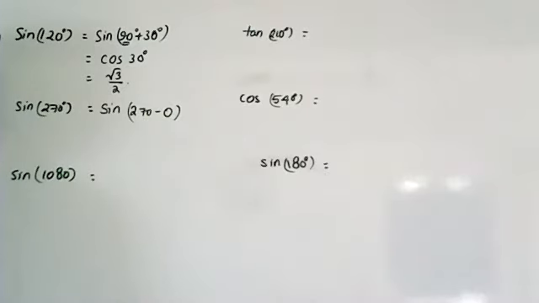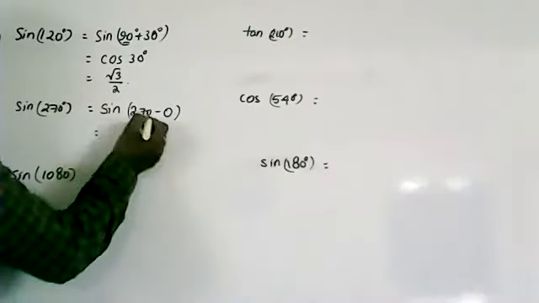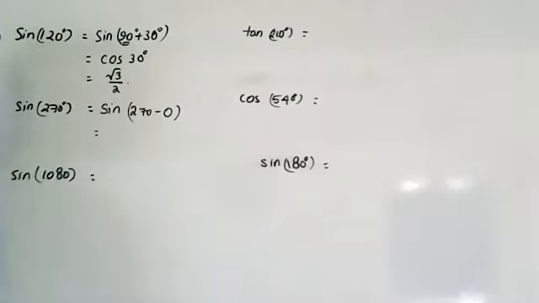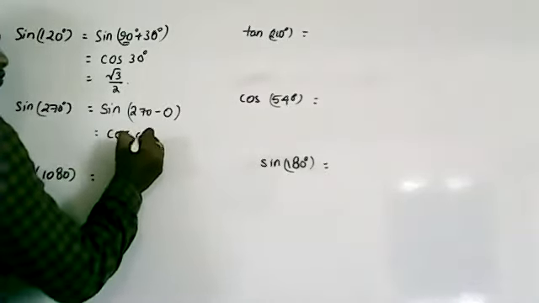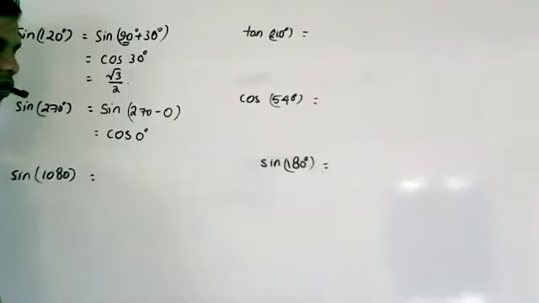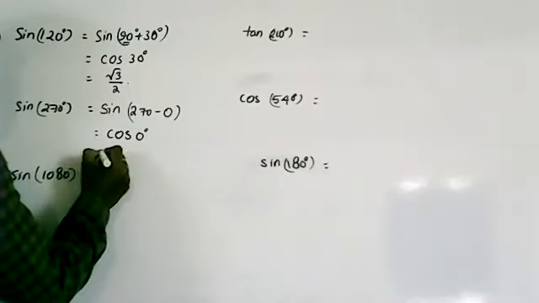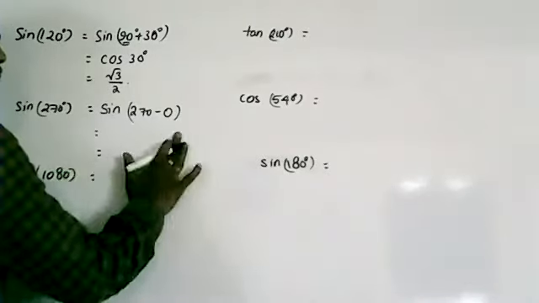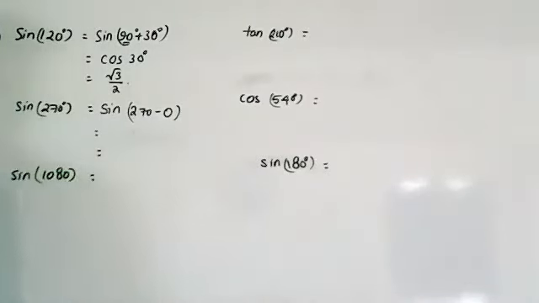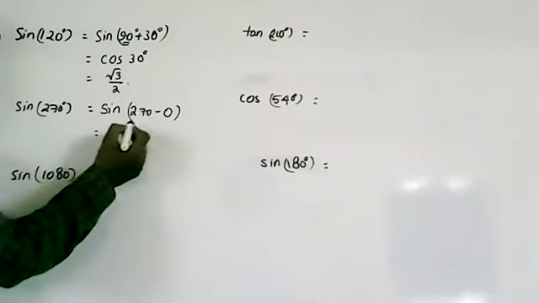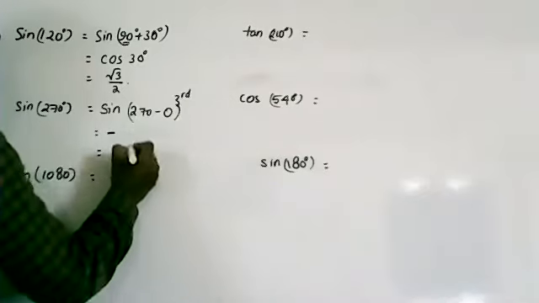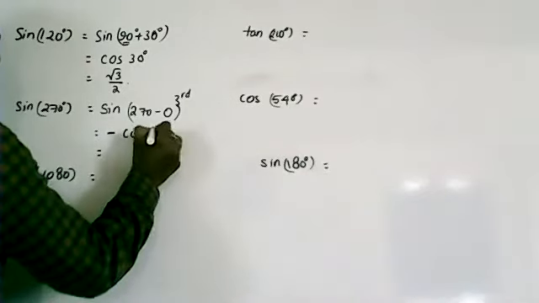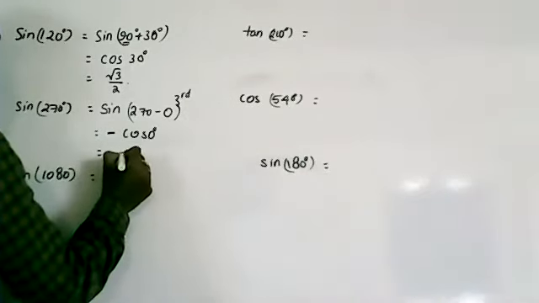Sine 270 means the opposite function, therefore it will become cos 0. Sine is negative. Why? Because 270 minus means third quadrant. Therefore, cos 0 is 1, so the answer is minus 1.